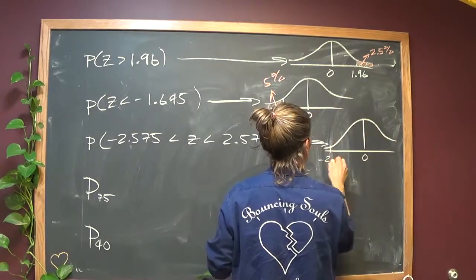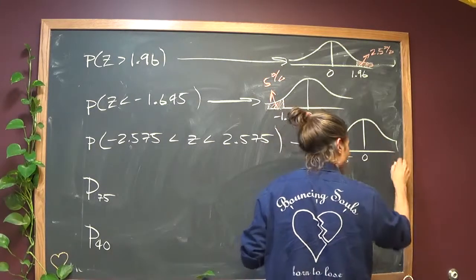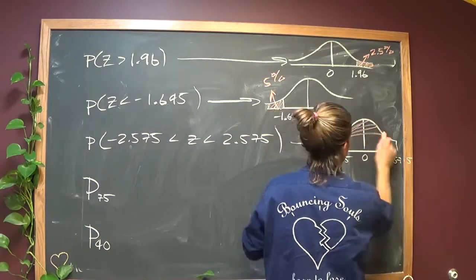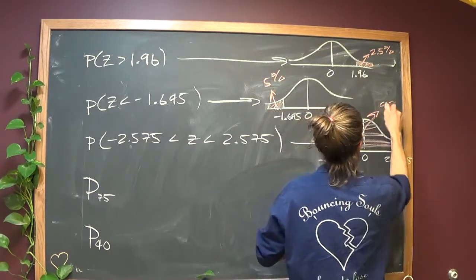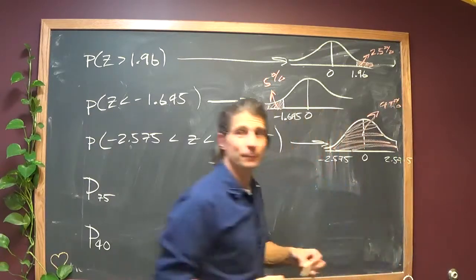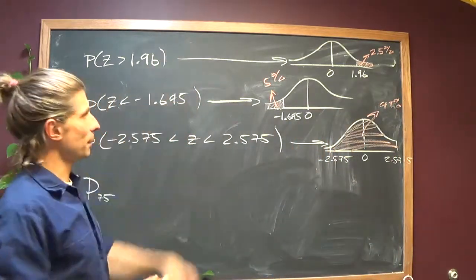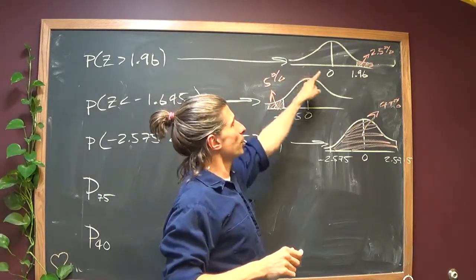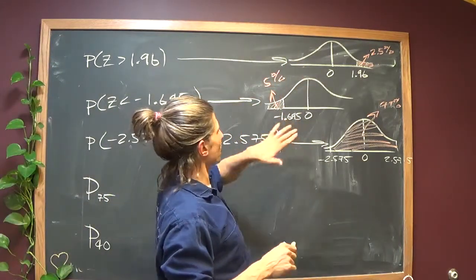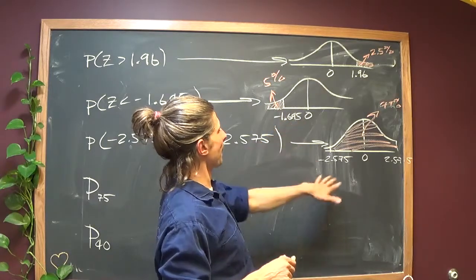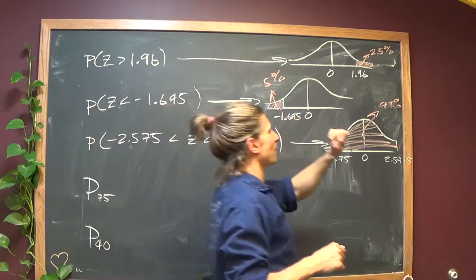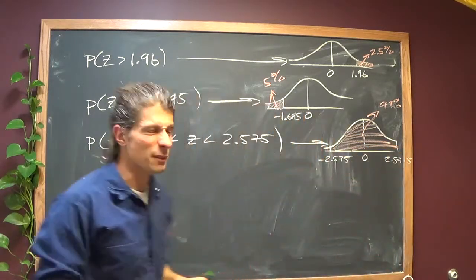If you go all the way out to negative 2.575 and up to positive 2.575, you've actually shaded about 99% of the data. So these are all the forwards problems from your quiz. That's a forwards right 1.96. Here's a forwards left negative 1.645, and here is a forwards between negative 2.575 and positive 2.575.